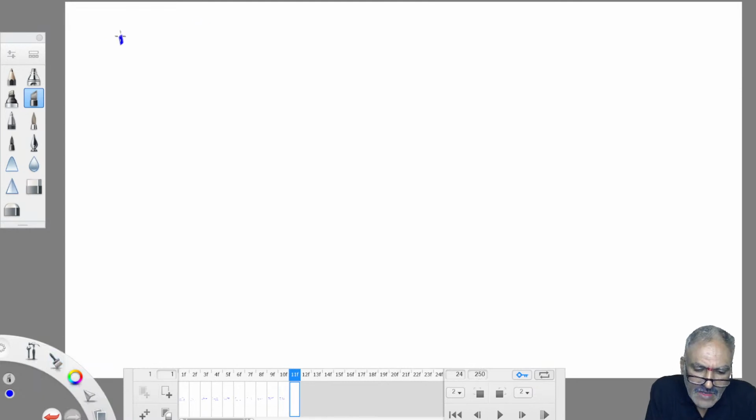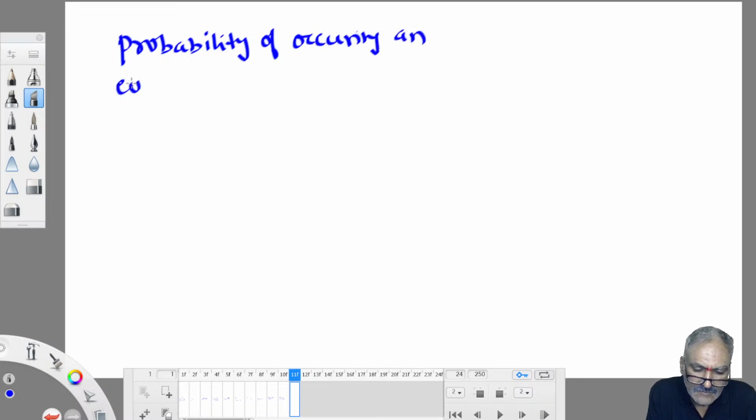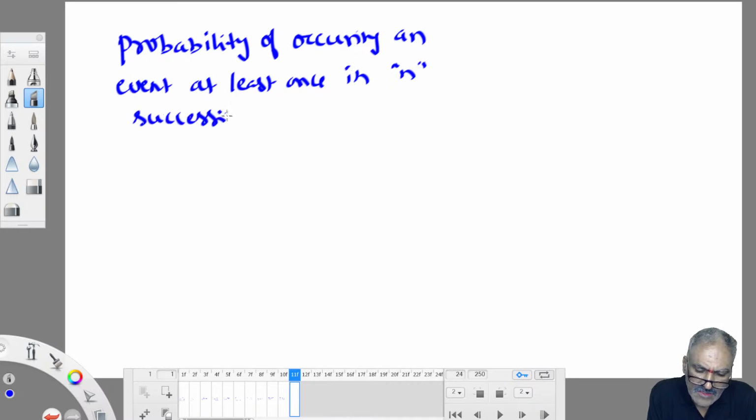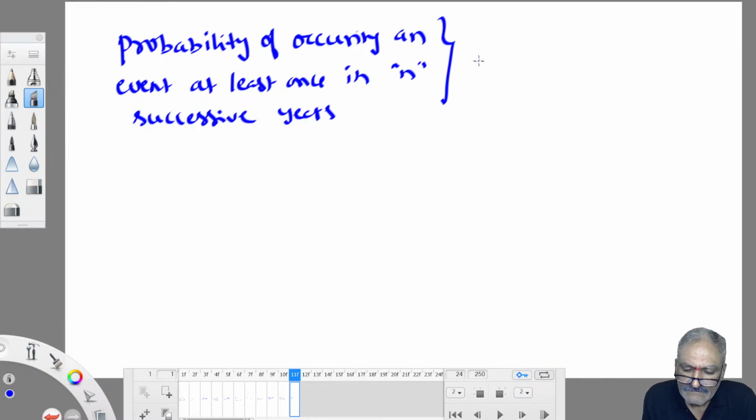So the probability of occurring an event at least once in n successive years. At least once means occurring one or more number of times. That means 1 minus the probability of not occurring an event.